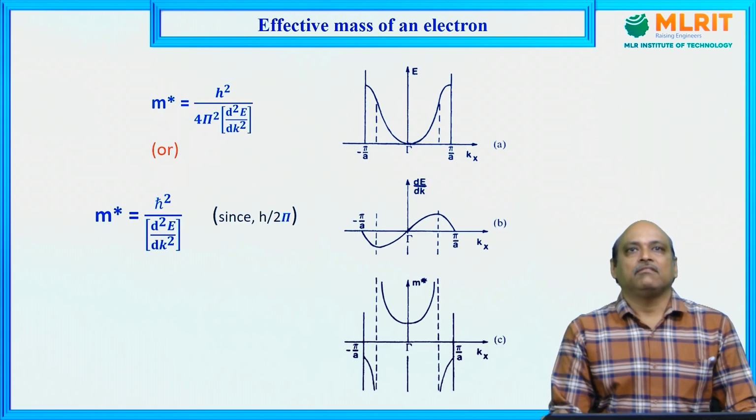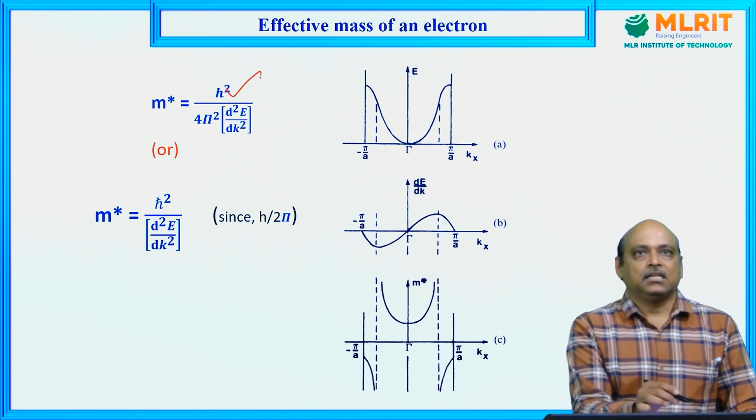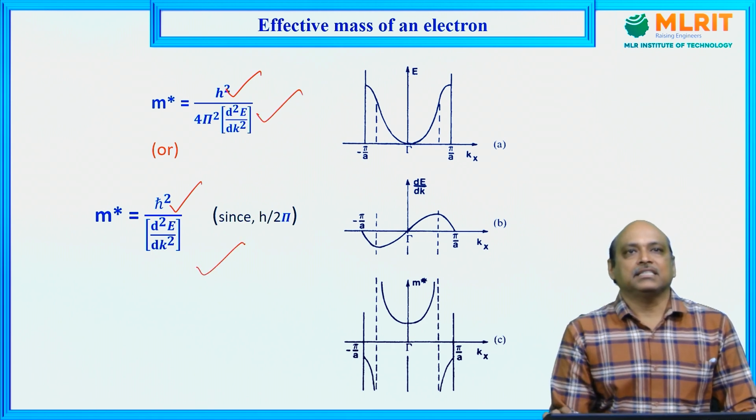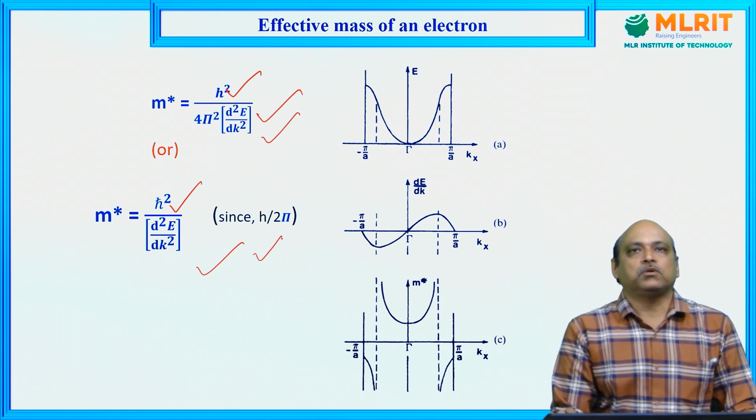If you take the final expression in terms of Planck's constant h and in terms of reduced Planck's constant, these two equations we can write. Either this equation or this one; both are correct values, both are derived values.